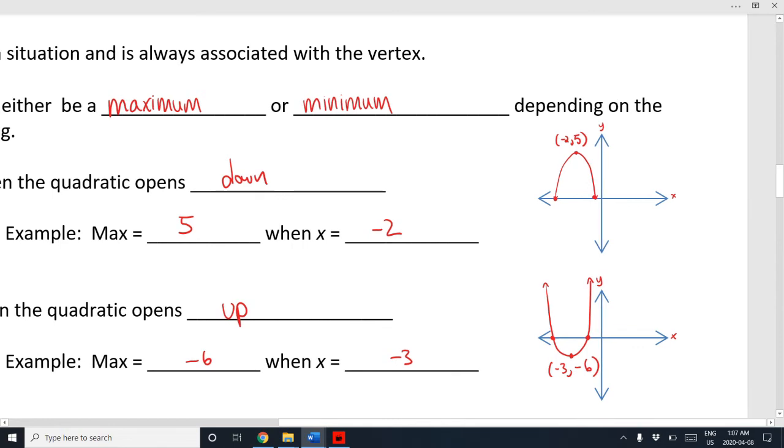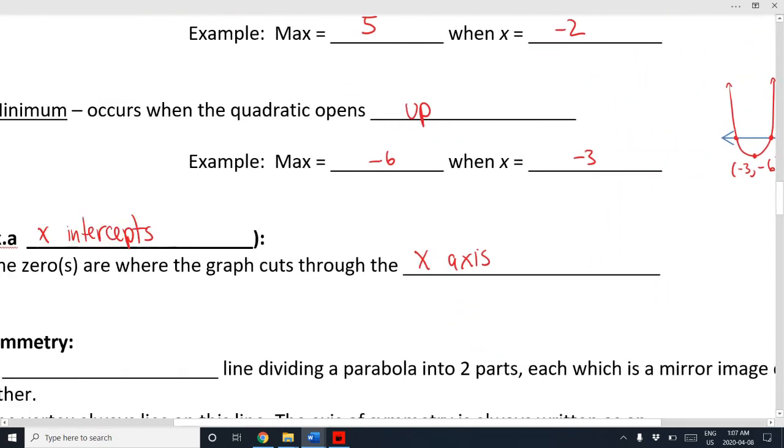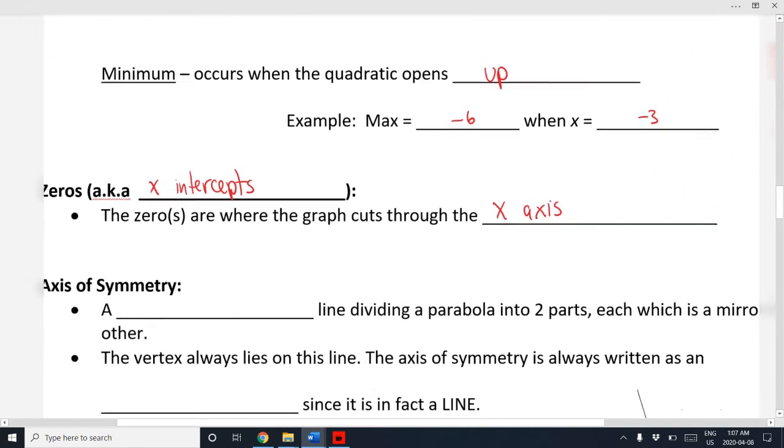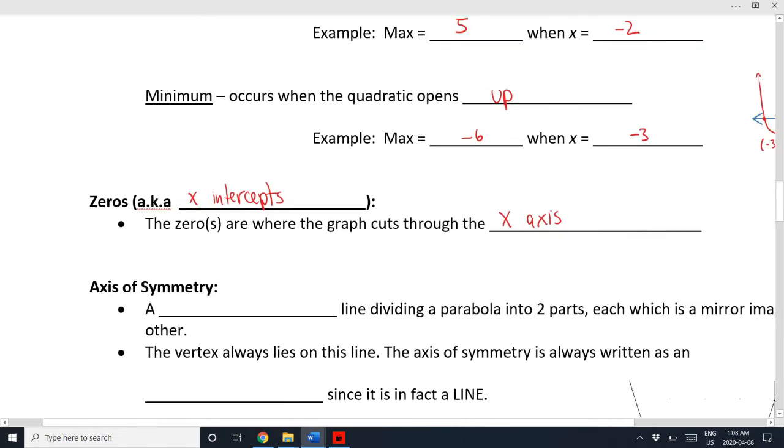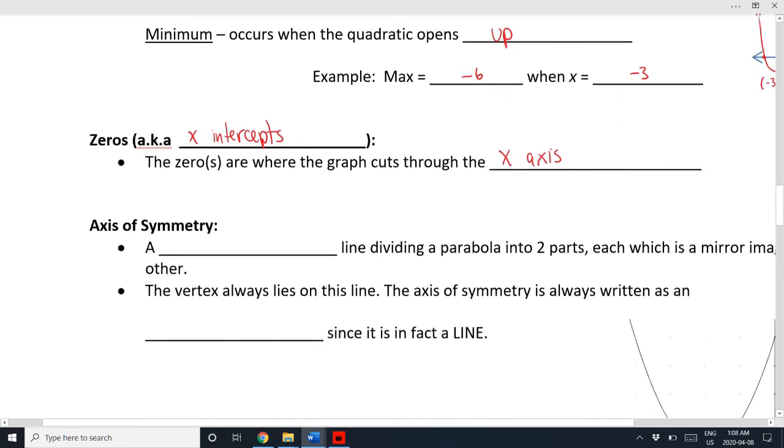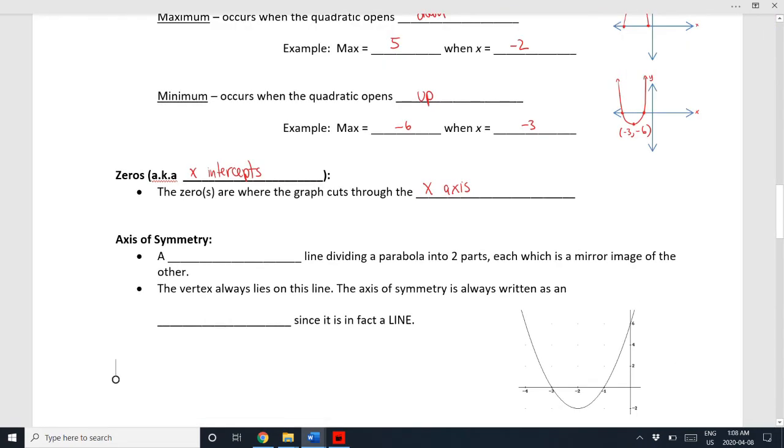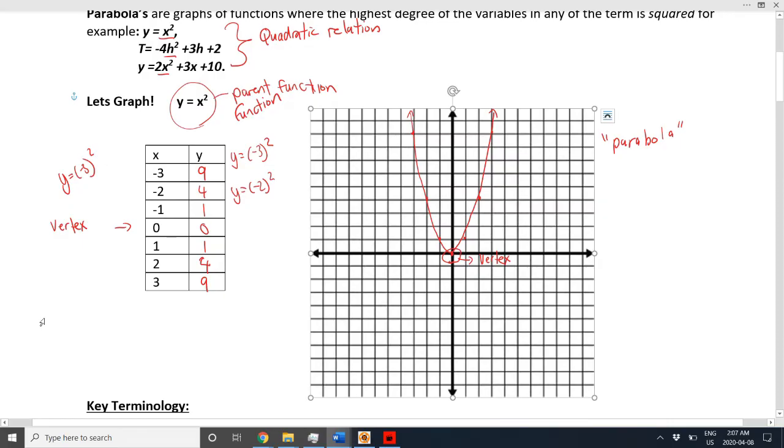These are what we call the zeros. Sometimes parabolas do not have zeros depending on their position on the graph. Here, we can see that the parabola will not cross the x-axis.